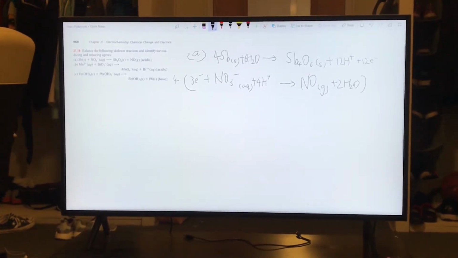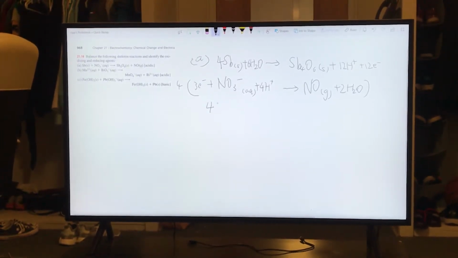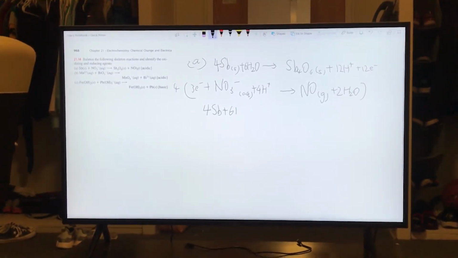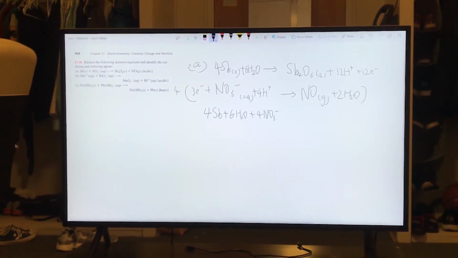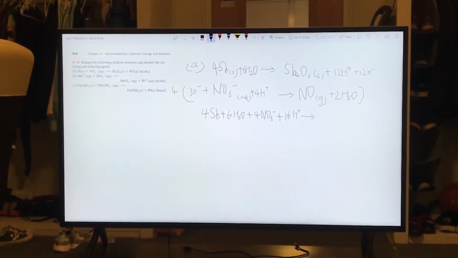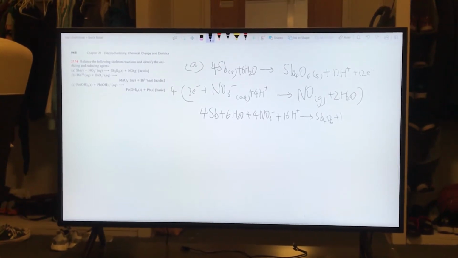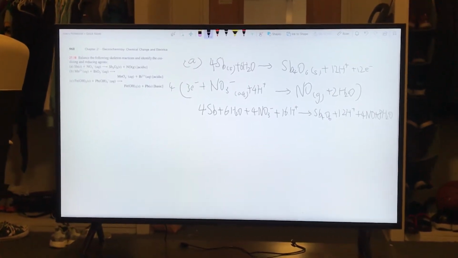Then we add the 2 half reactions together, and we get 4Sb plus 6H2O plus 4NO3 minus plus 16H plus equals Sb4O6 plus 12H pluses plus 4NO plus 8H2O.